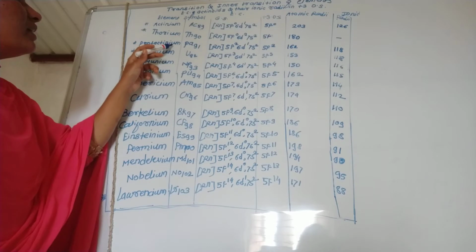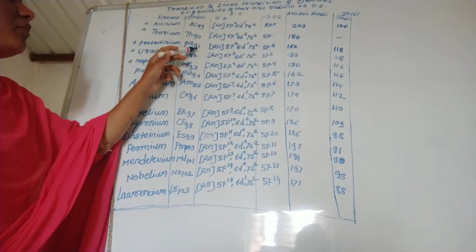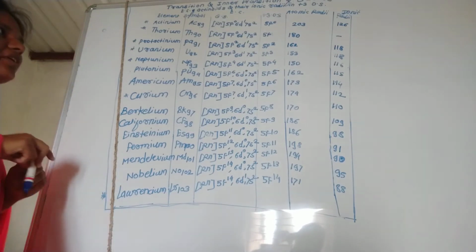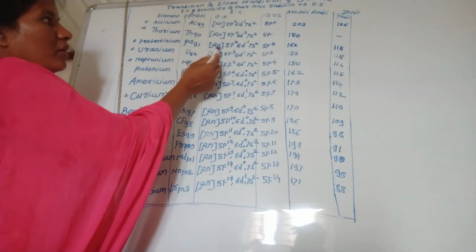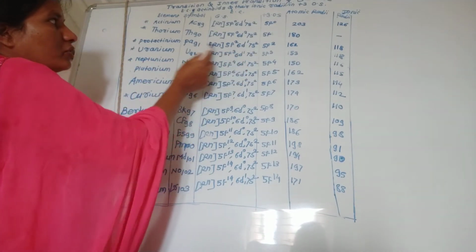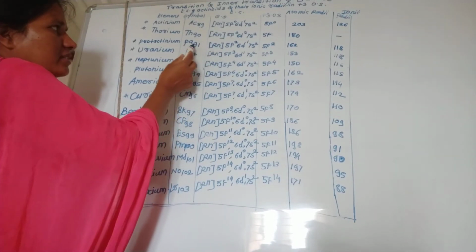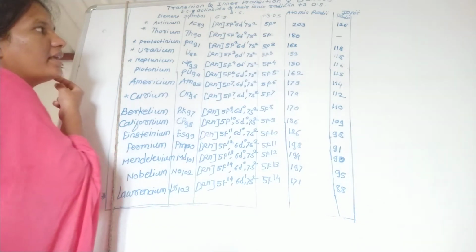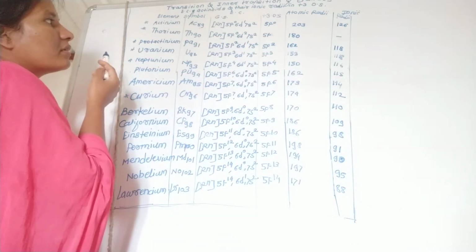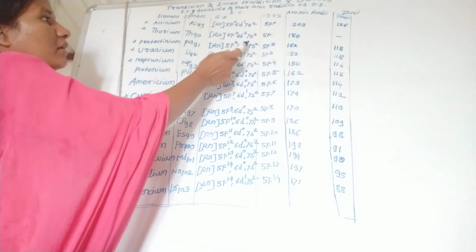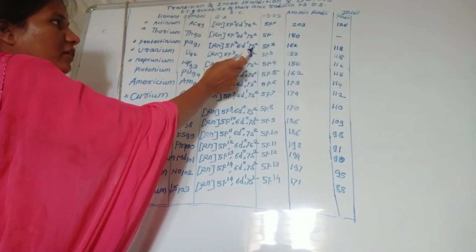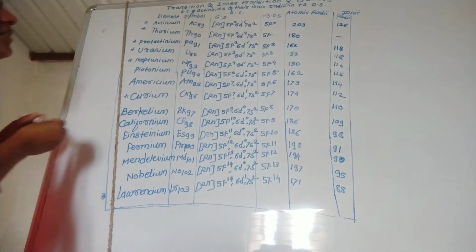Then protactinium, with the symbol Pa. Its atomic number is 91, and its electronic configuration is with respect to radon, which is 86. So 91 minus 86, there are 5 electrons left. The 2 electrons first enter the lowest energy level, 7s2.